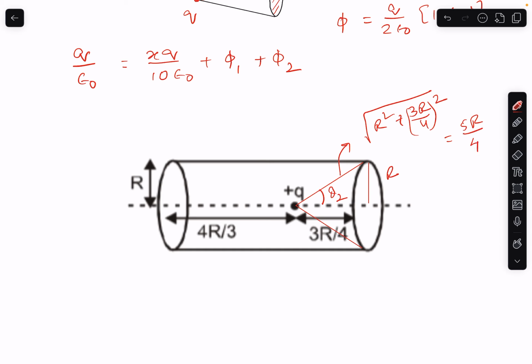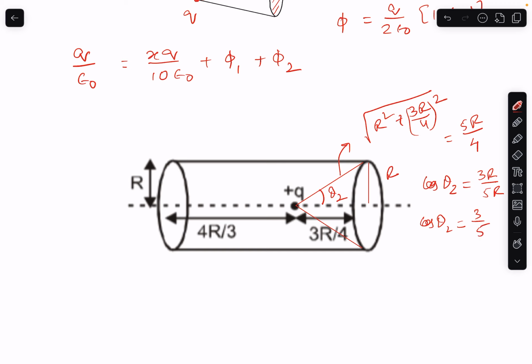So cos θ₂ is the base 3r/4 over the hypotenuse 5r/4, which is 3r/5r. The 1/4 cancels, so cos θ₂ comes out to be 3/5.